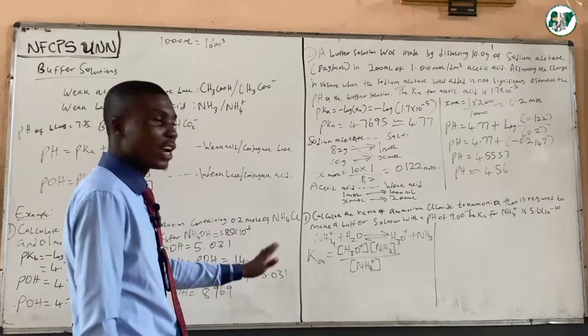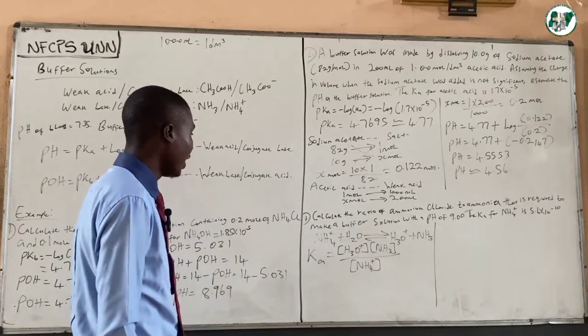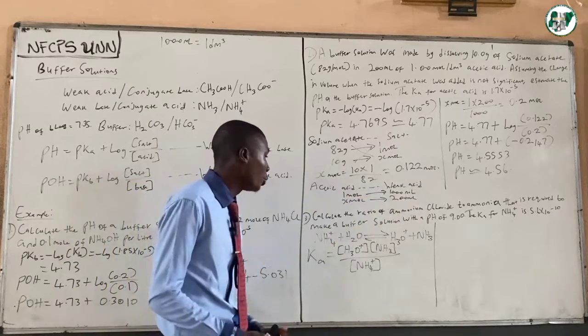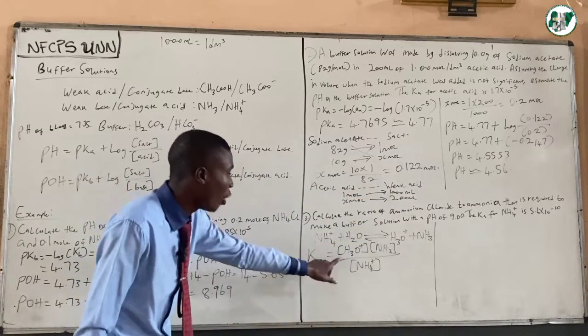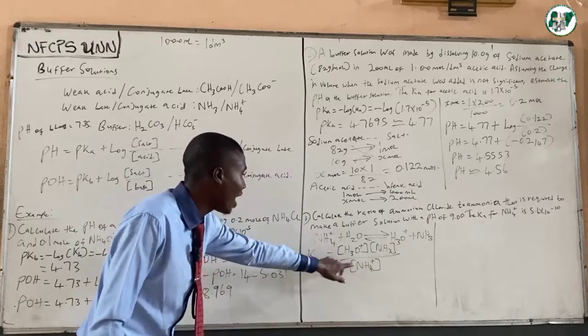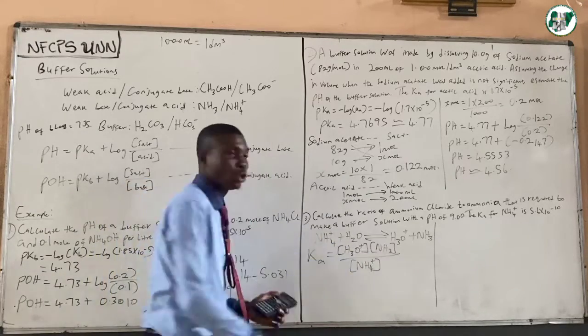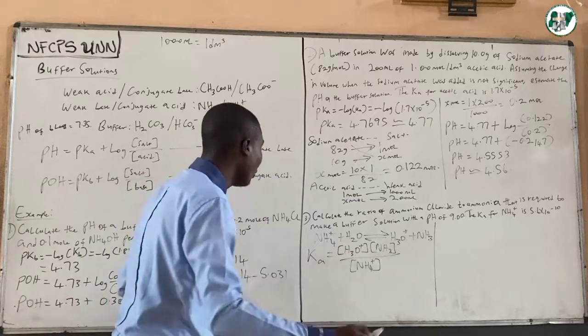Now let us look at this very clearly. What we are asked to look for is the ratio of ammonium chloride to ammonia. What it simply means is that we need to look for the ratio of the concentration of the ammonium ion to the ammonia in this solution. So let us make that ratio the subject of the formula. Can we do that? Yes, we can.